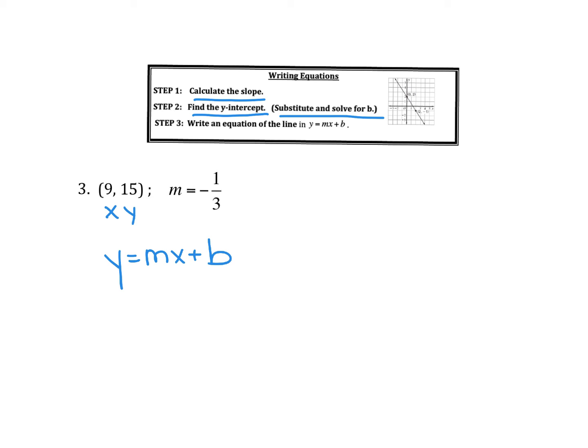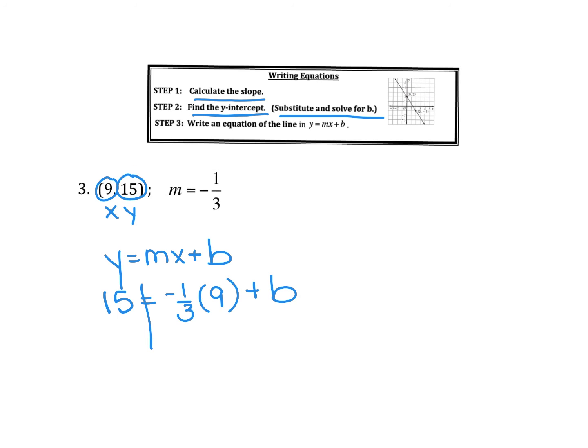And we're going to substitute what we know, or plug in what we know, and solve for what we don't. So I know I have a 15 for my y, and I have a slope of negative 1/3, and then I've got times 9, because that's my x, plus b. We don't know what b is yet.